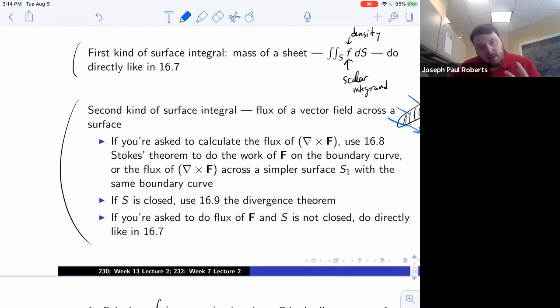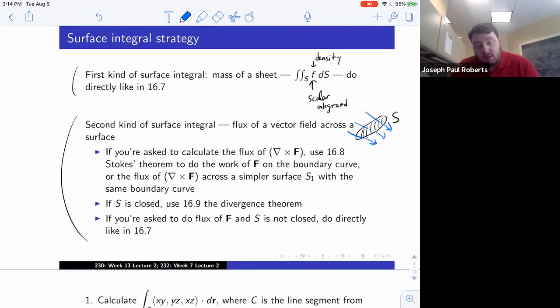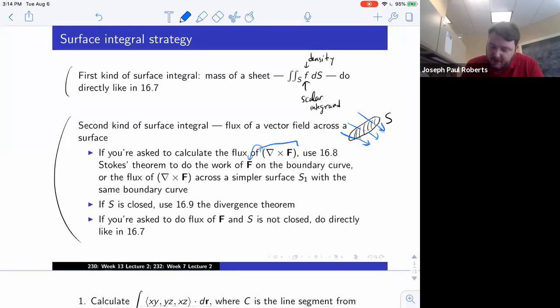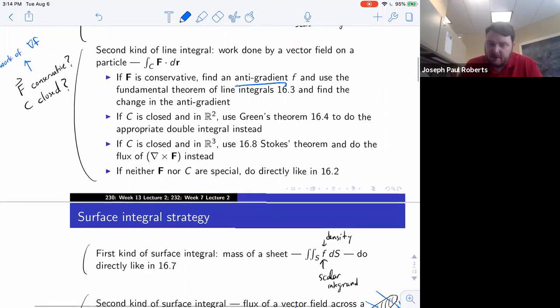So again, most vector fields aren't the gradient of anything. Analogously, most vector fields aren't the curl of anything. But when they are, that's a special thing, which means that you can actually use Stokes' theorem to either do the work of what you're the curl of, essentially in the language we were talking about briefly the other day, going from curl of F to F, you're doing the anti-curl in the same way that here you're dealing with an anti-gradient.